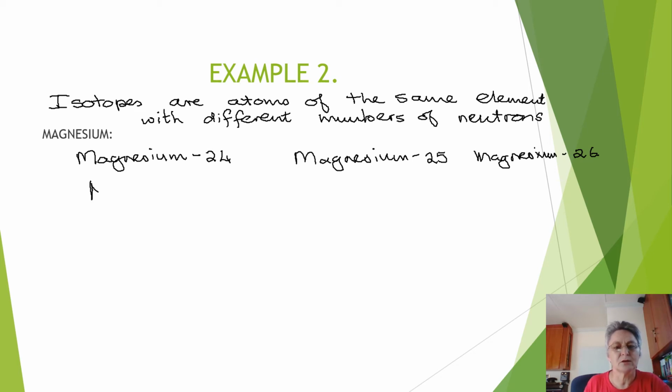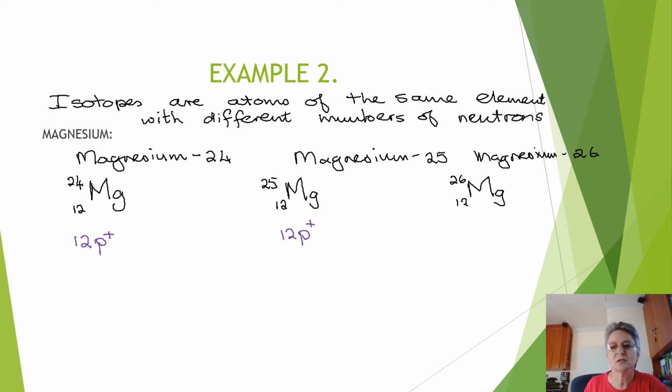So in the standard notation, Mg, 12, 24 is the mass number, Mg, 12 is the atomic number, 25 the mass number of this isotope, and Mg, 12, 26. The information we get from this is that there are 12 protons in this atom's nucleus, 12 protons in this atom's nucleus, 12 protons in this atom's nucleus.